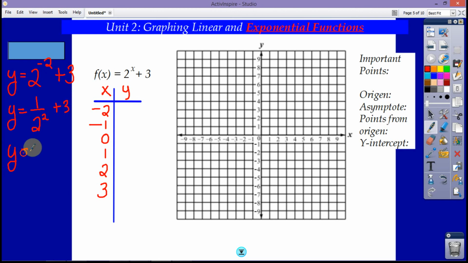That is 1 over 4 plus 3, which is 3.125. So let's put it over here, 3.125. And so we're going to go -2 to the right and then 3.125. So 1, 2, 3 up, and a little bit more up than 3 because it's 0.125. There you go. Now let's try the next number, -1.